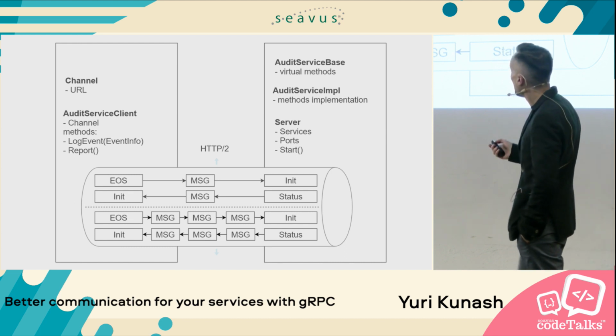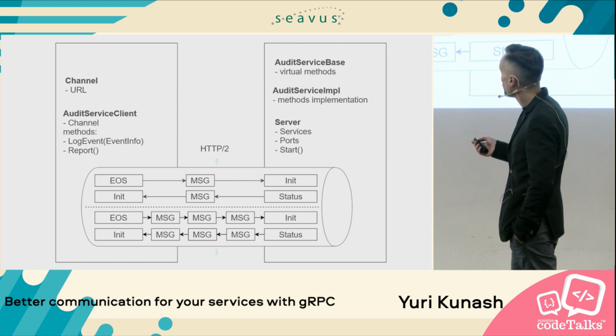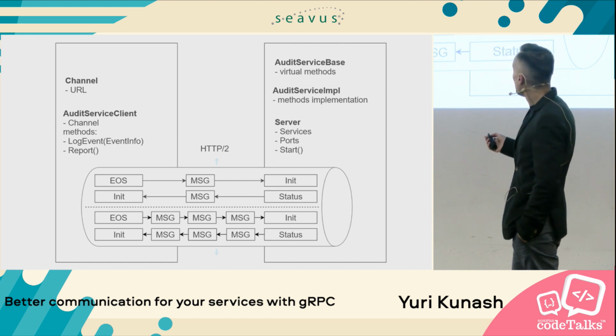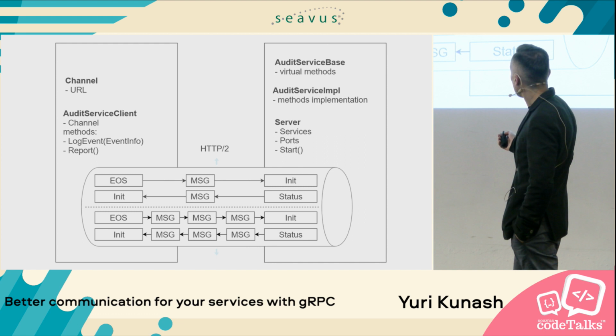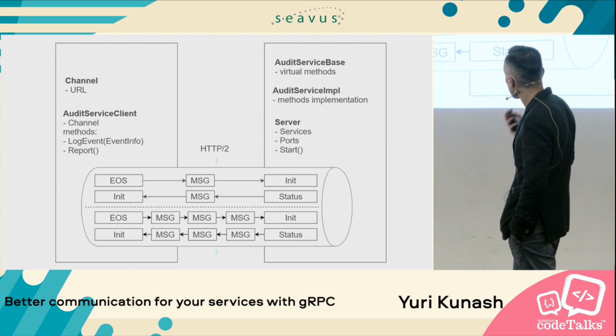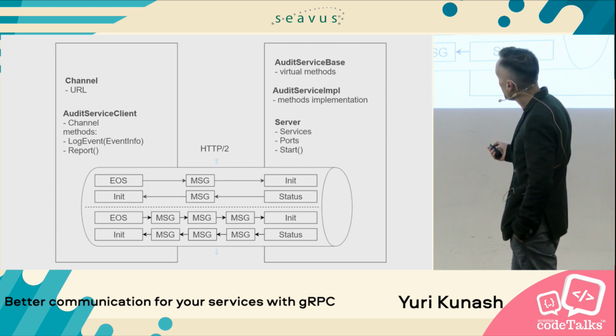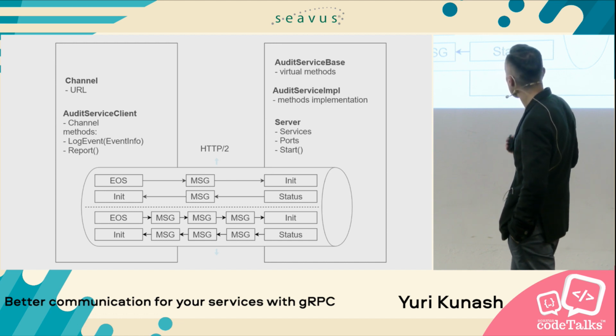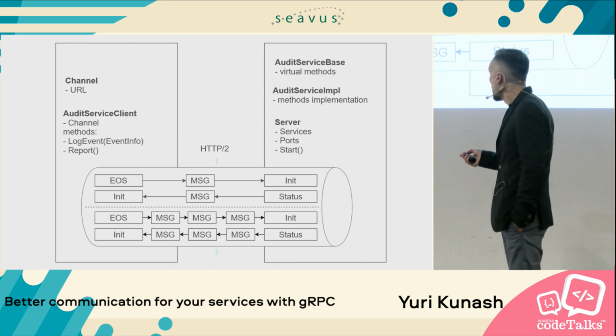The first one is what is called unary calls in gRPC. You init the request, then send one message, and then complete the request. The client waits, and the server processes and does some job. Then the server, as a response to this request, inits the connection, sends one message, and sends the status.